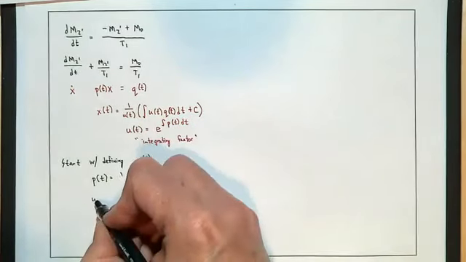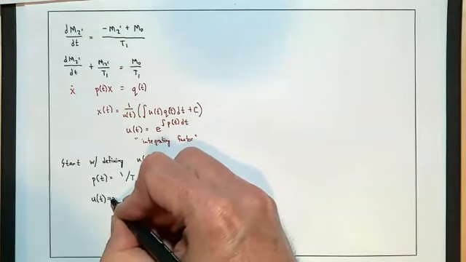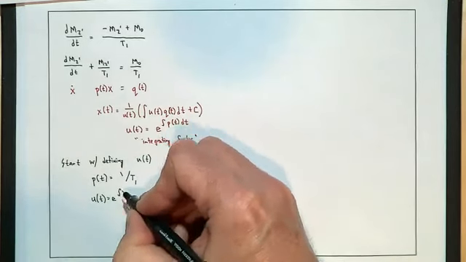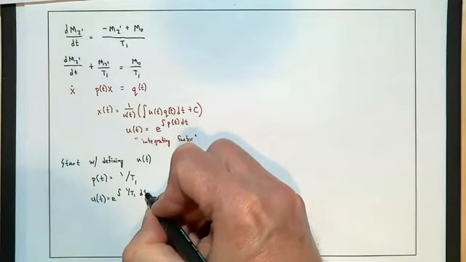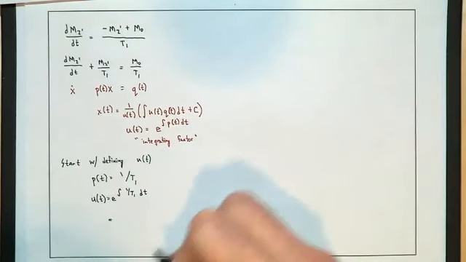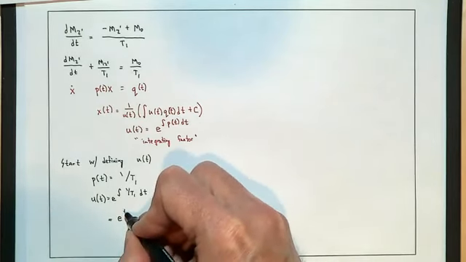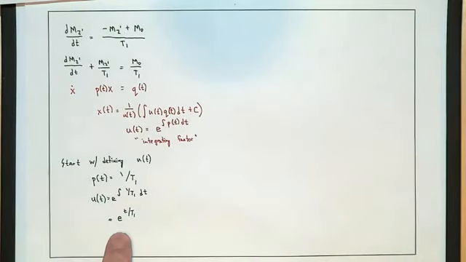And so u of t is just that function exponentiated and integrated. So it's e to the integral of 1 over t1 dt. And we can solve that integral hopefully pretty easily, and we just have e to the t over t1. So we know what our u of t function is, the so-called integrating factor.